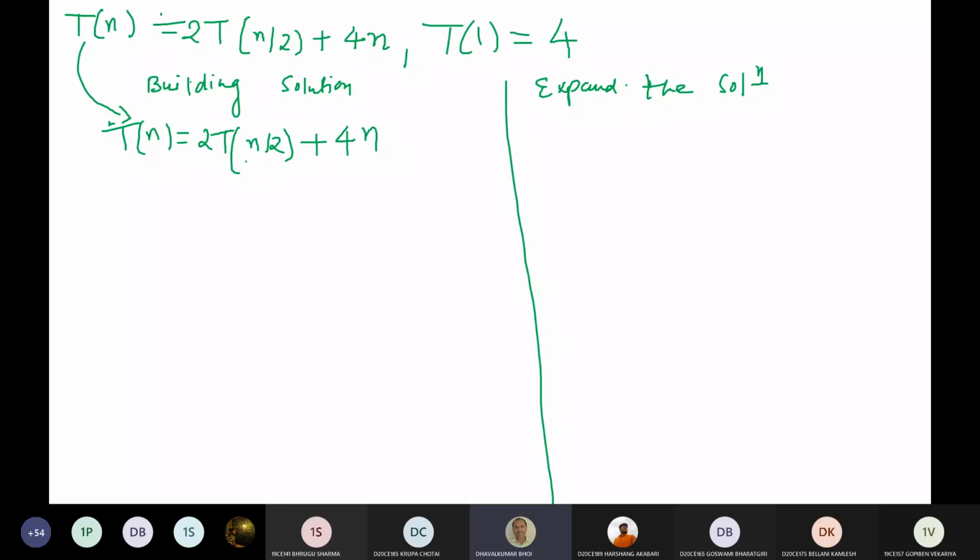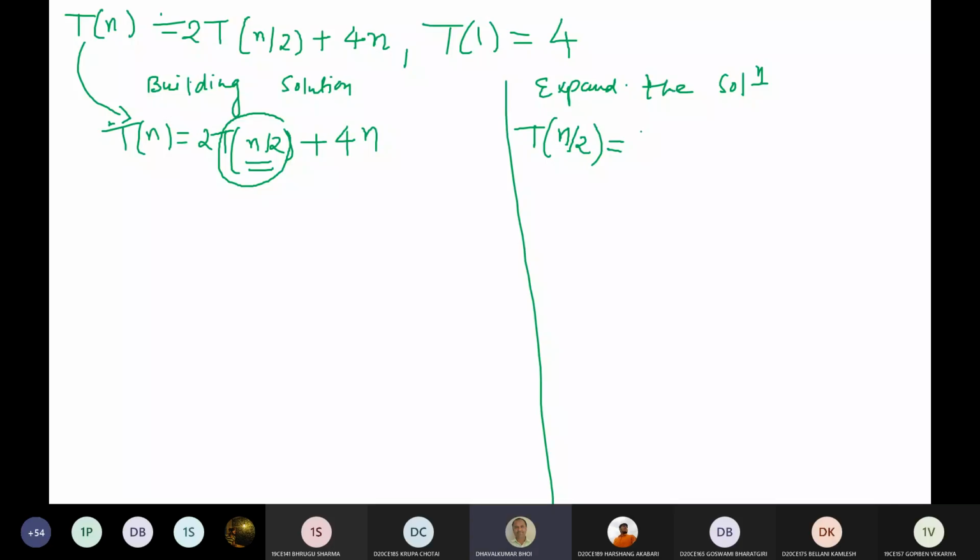As a recursive term, what you are getting here is T of n divided by 2. So you require to expand what will be the value of T of n divided by 2. So we are expanding the solution, and we are trying to find out the value of T of n divided by 2. Can anyone tell me what will be the value of T of n divided by 2?